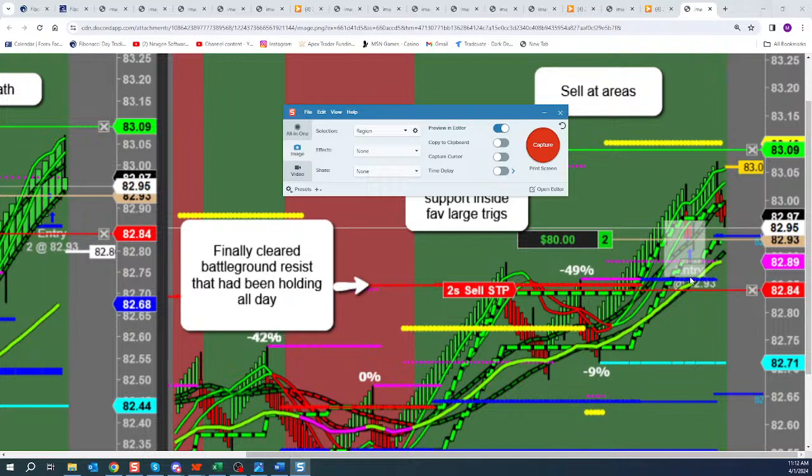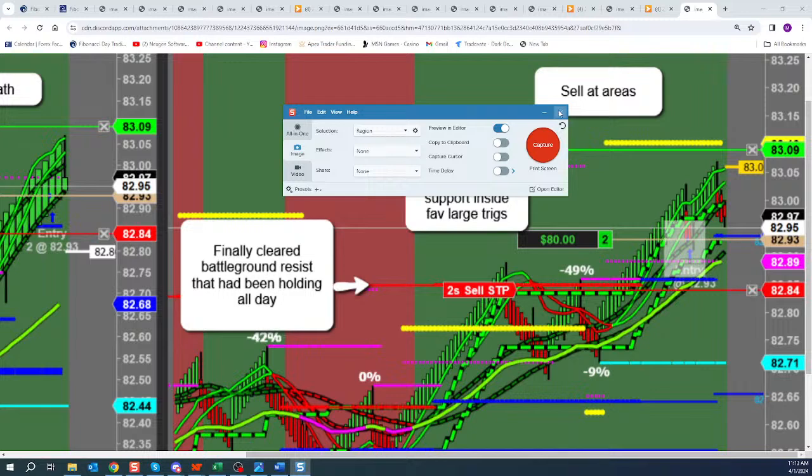So your rules say put an entry 8 ticks above support. Feels a little excessive if you're trading from the area, doesn't it? Wouldn't it make more sense, Pedro, to have a limit order at the area of support inside of favorable large triggers?